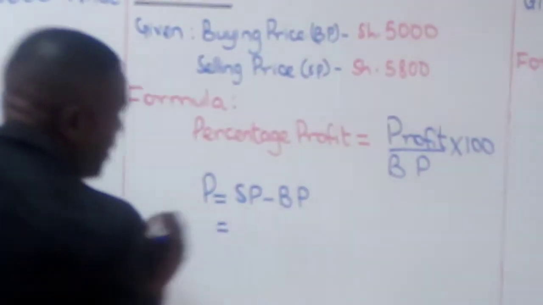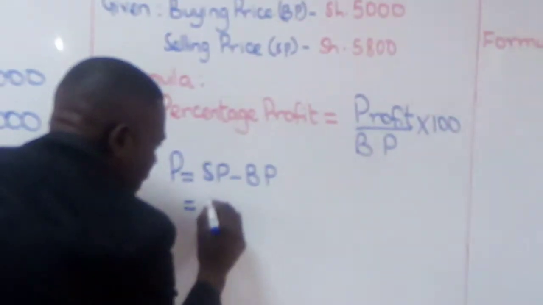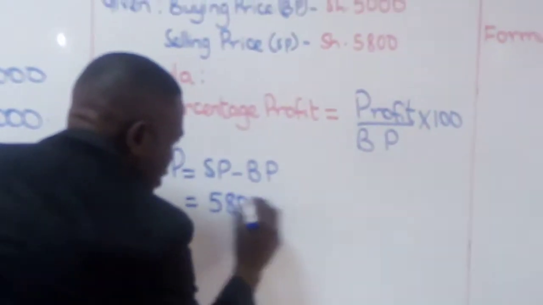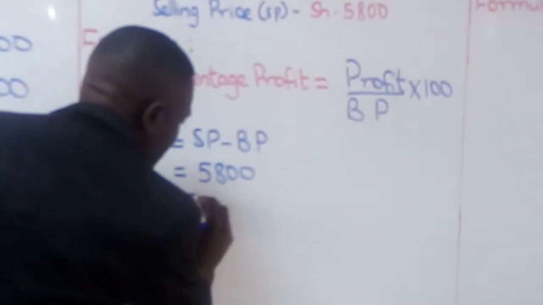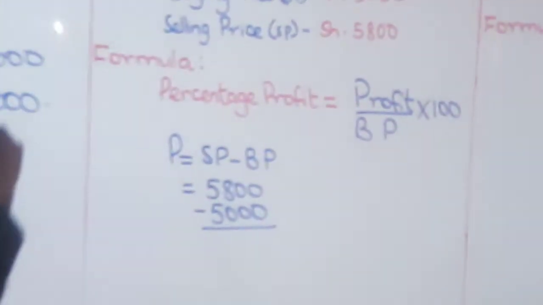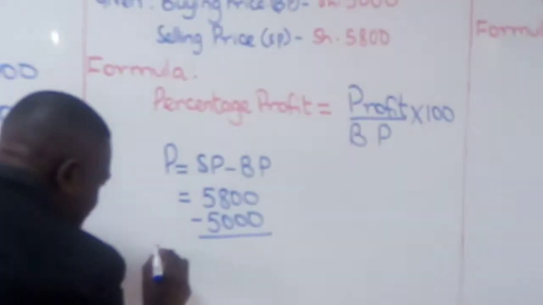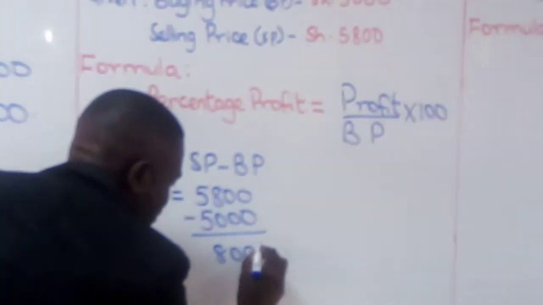Our SP here is 5,800 shillings. Our BP is 5,000 shillings. What is our profit then? Our profit is going to be 800 shillings.